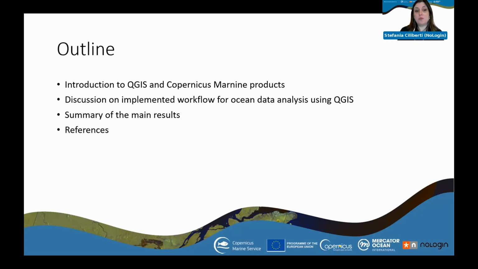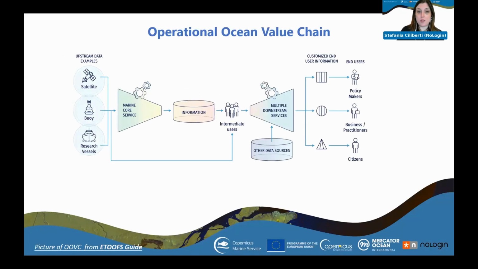Then I'll move through a discussion about the implemented workflow that has been put in place for analyzing the data provided by the Copernicus Marine Service, a summary of the main results, and at the end I will give you some references in case you would like to detail some scientific topics about this physical process related to the evolution of the river plume in the Amazon region.